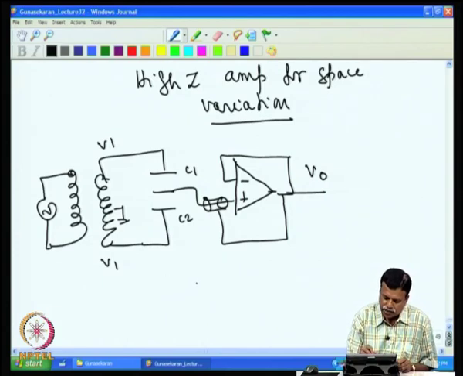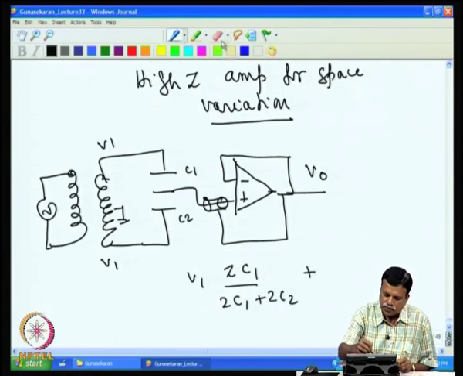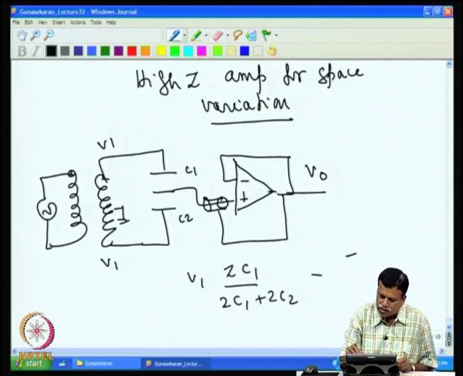So we will get V1 into ZC1 divided by ZC1 plus ZC2, plus that is inverted, so we have to have a minus voltage. So you will have minus V1 ZC2 divided by ZC1 plus ZC2.